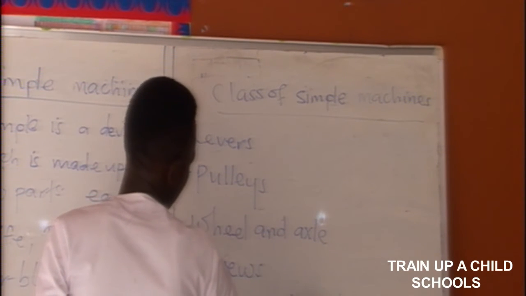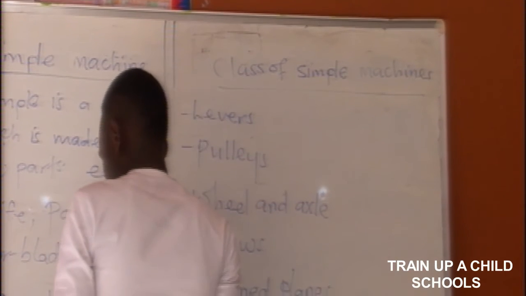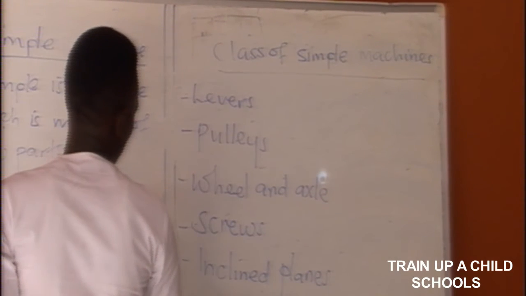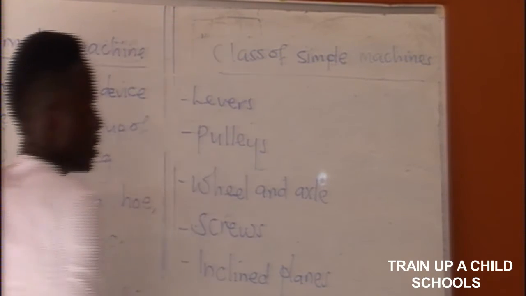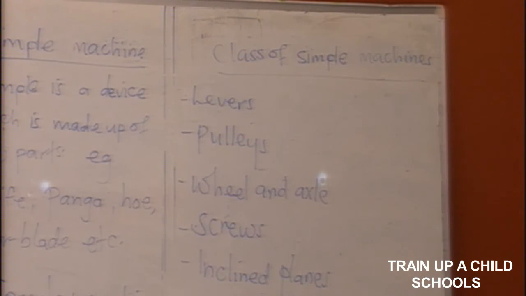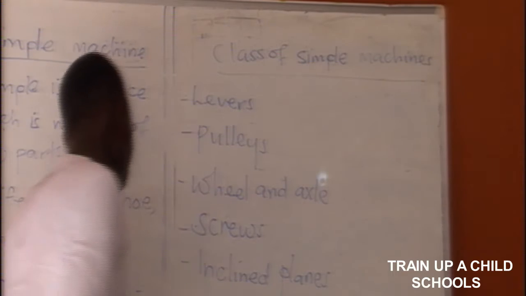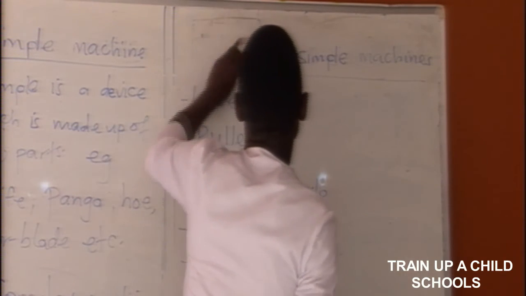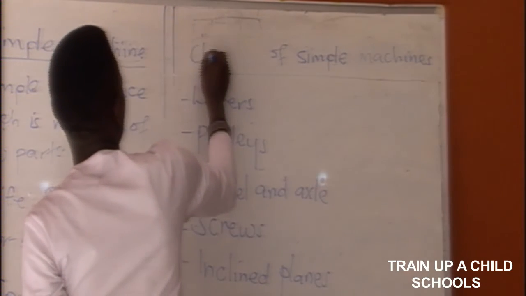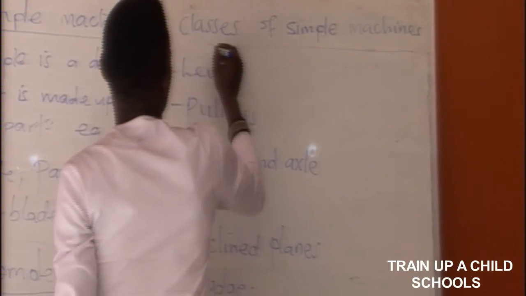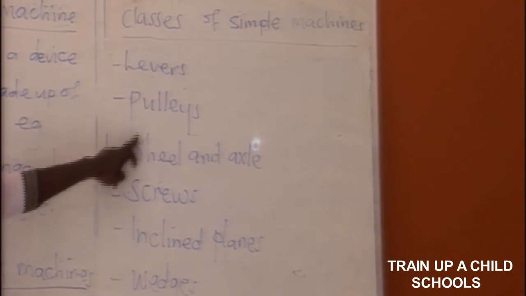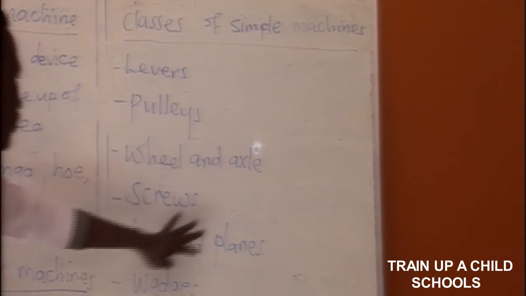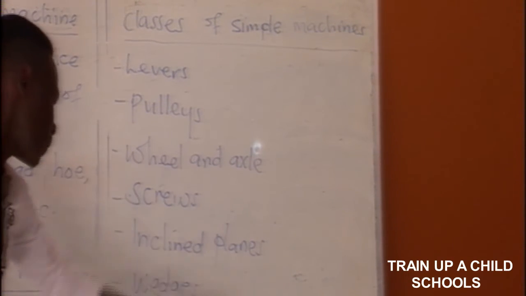And we shall also have what you call wedges. So these are classes of what you call simple machines, or you call them groups of simple machines. We have levers, pulleys, wheel and axle, screws, inclined planes, and wedges.